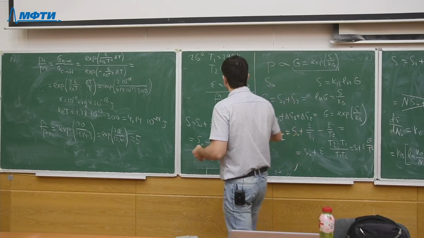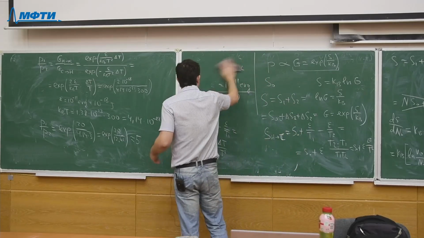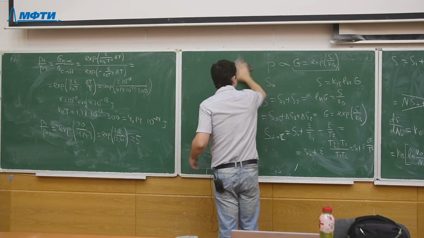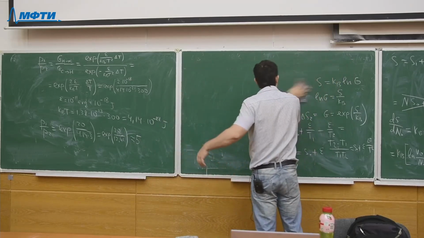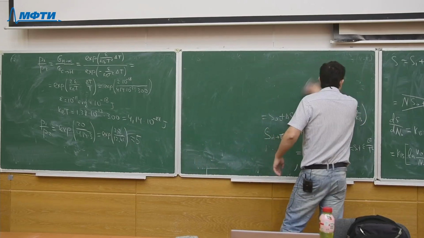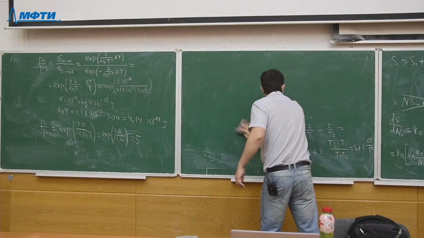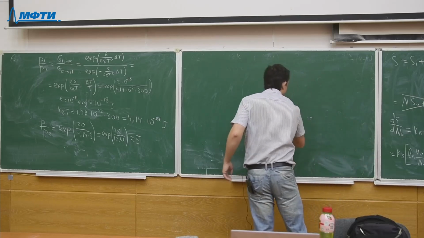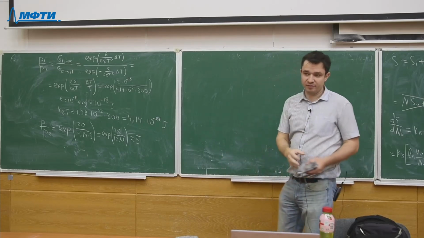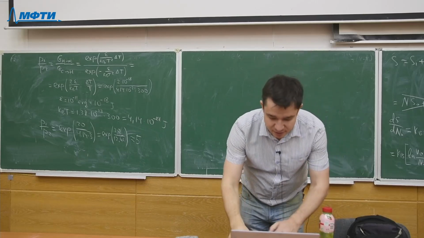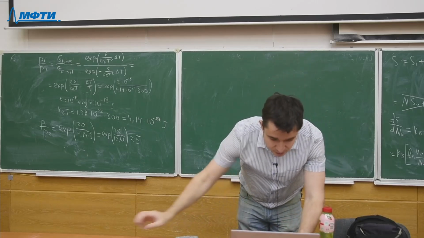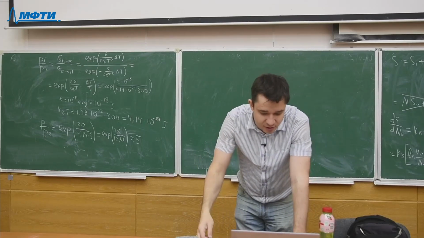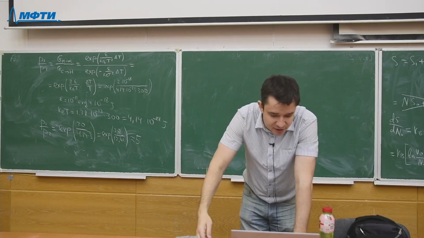Okay, now the problem number 27. A small weight of 10 grams is suspended on a light 1 meter long thread.